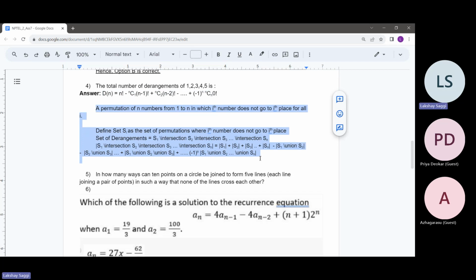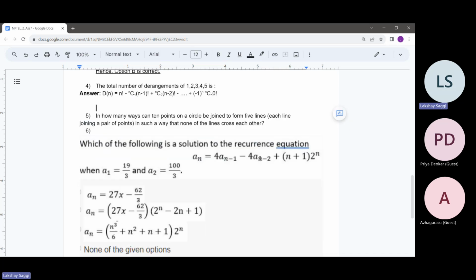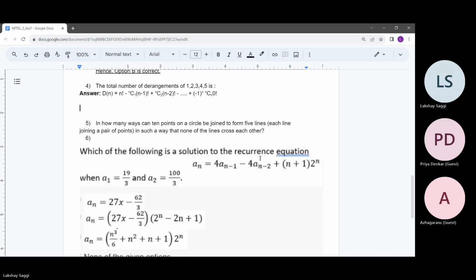You can work out these details, but for now I'll just remove these. So we know that nth derangement can be written as something like this. Here the numbers are from 1 to 5, so n is equal to 5 here. So we just plug in 5 here. So d of 5 is.